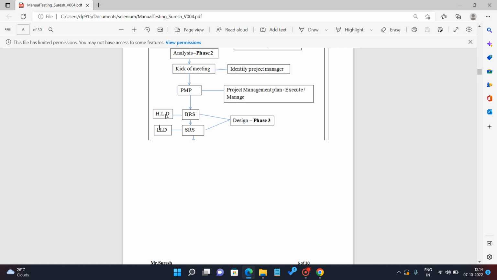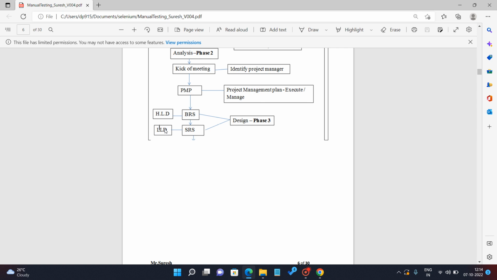They create the high level design document, which covers the BRS, and then the LLD.